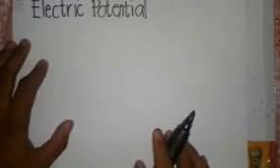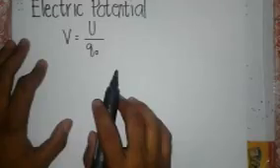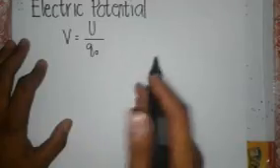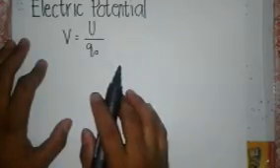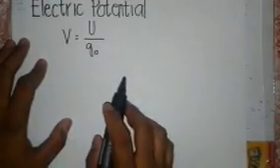So, electric potential. Electric potential is the electric potential energy per unit charge, and we define potential at any point in an electric field as the potential energy per unit charge associated with a test charge Q naught at that point.